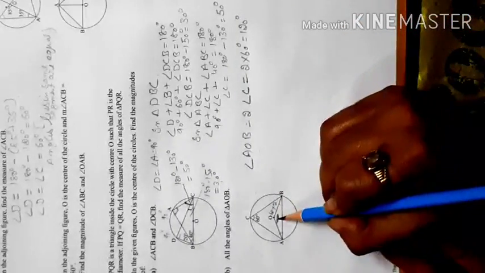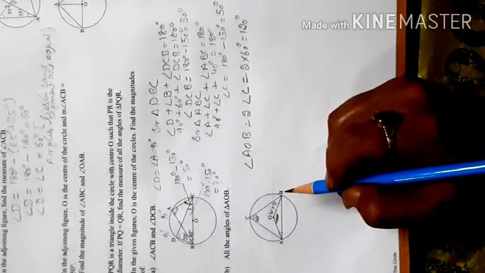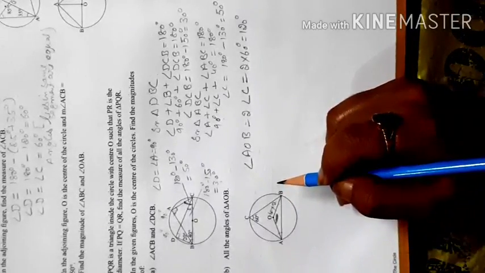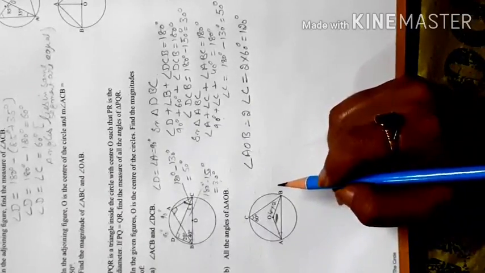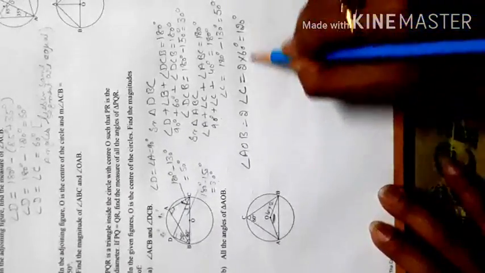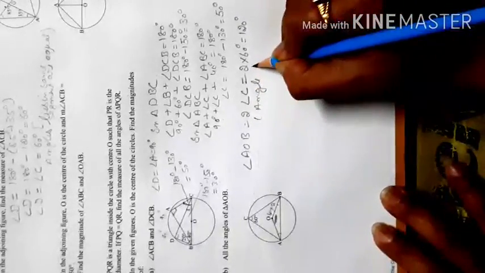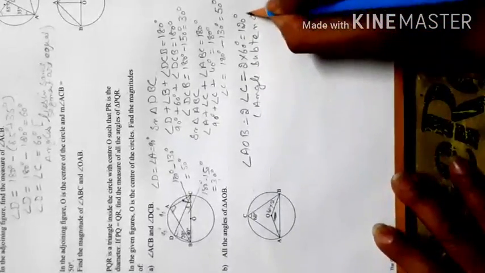Because of the angle subtended at the center property. I wrote it before, you have to write it again. Whenever you apply the property, you have to mention the property, that is angle subtended by an arc. You have to mention it here, so I can write it in short form, angle subtended by an arc property.